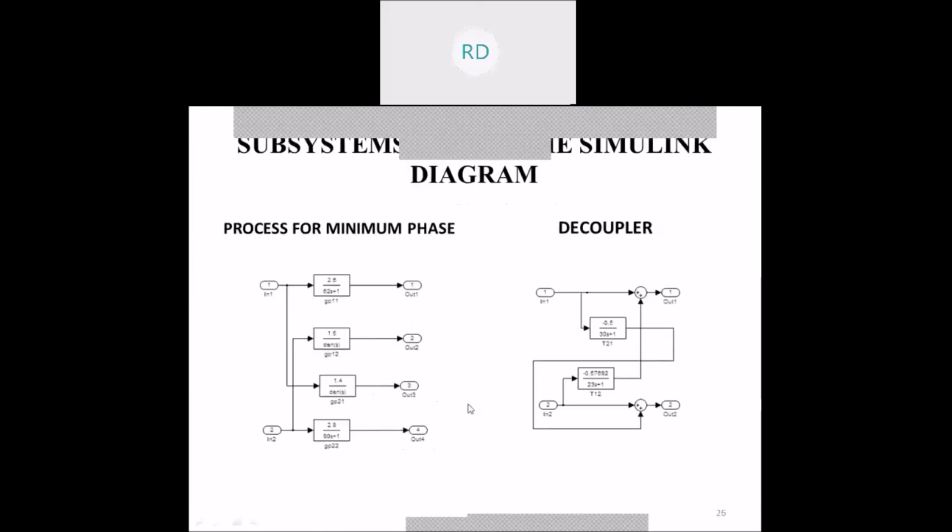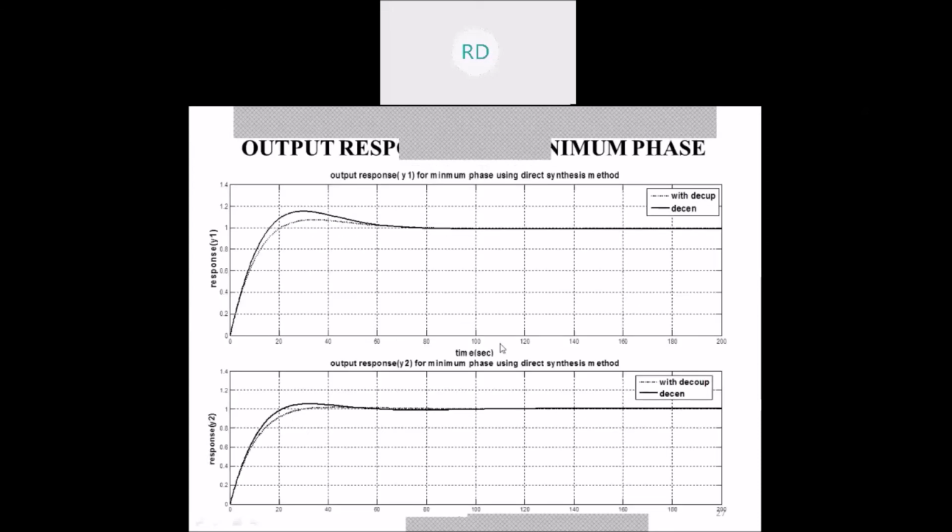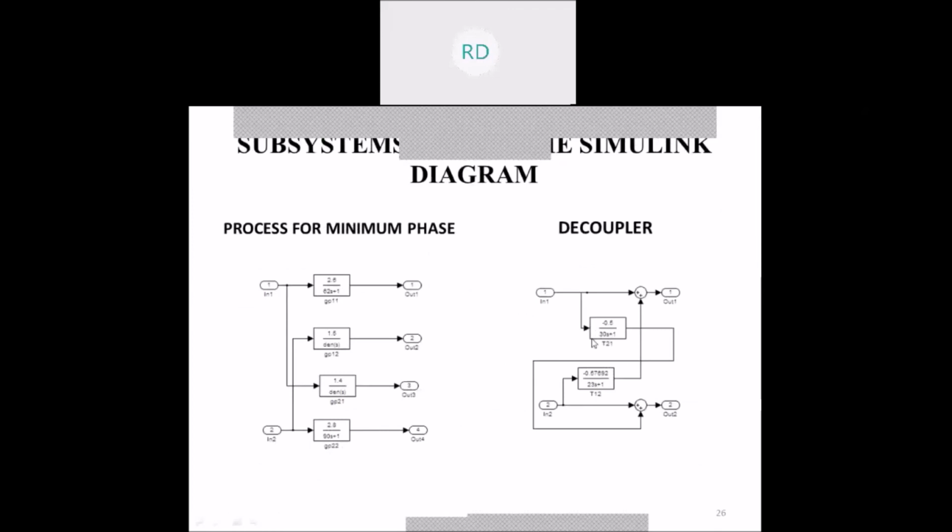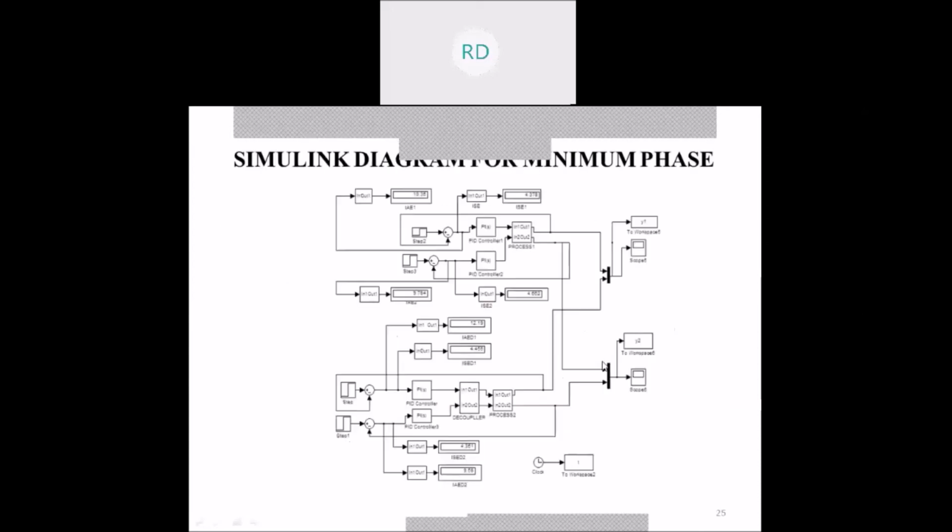Inside the decoupler, again I chose a subsystem, and we found the transfer functions T12 and T21. I substituted the transfer function values in this block. So there are 2 inputs and 2 outputs.